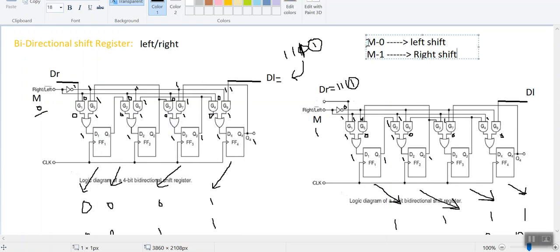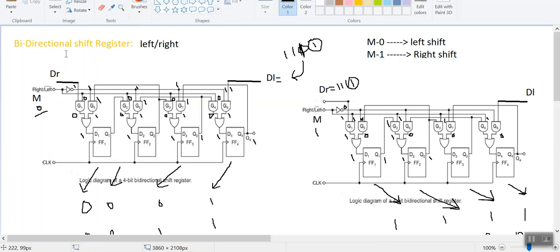So this is the conclusion for this bidirectional shift register. Both the directions can be done by using a single circuit. When M is equal to 0 it is left shift, and when M is equal to 1 it means right shift. This is the concept regarding the bidirectional shift register.